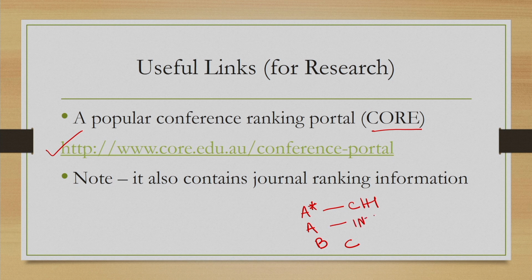Interact is ranked as A. Some conferences are ranked as B, some are C, and some conferences that may be relevant do not find a mention in the list at all.